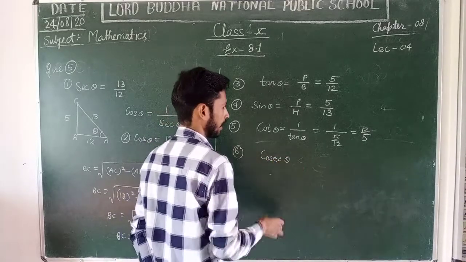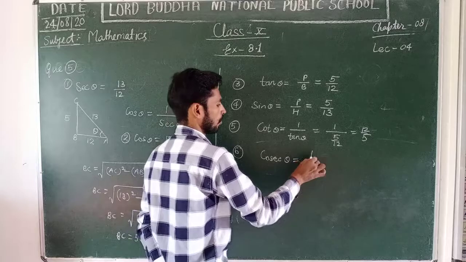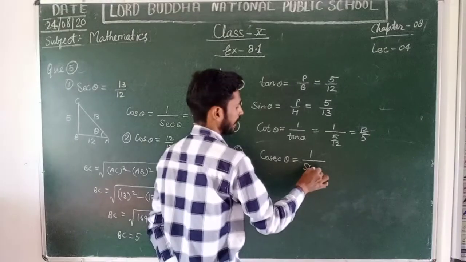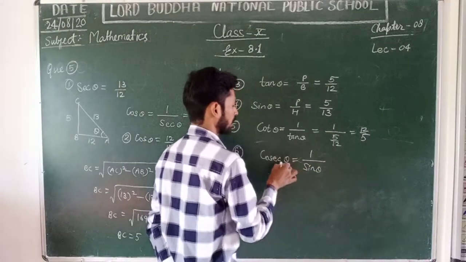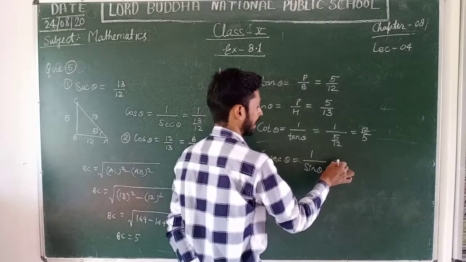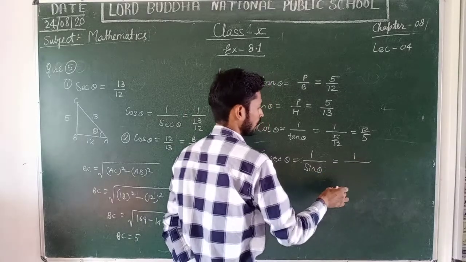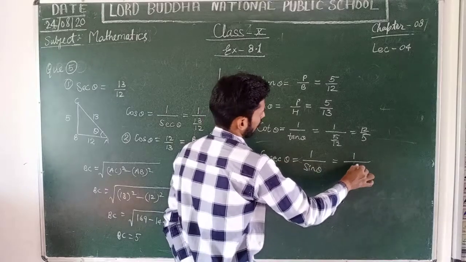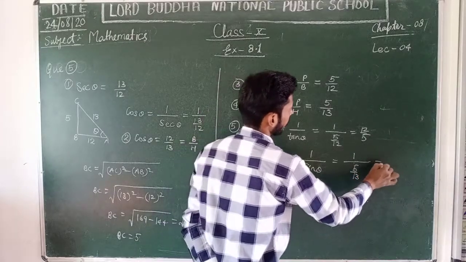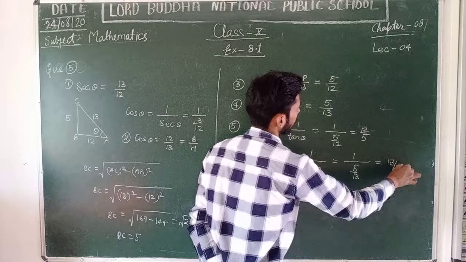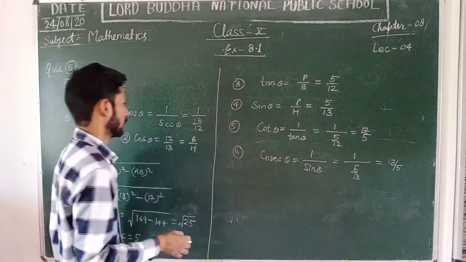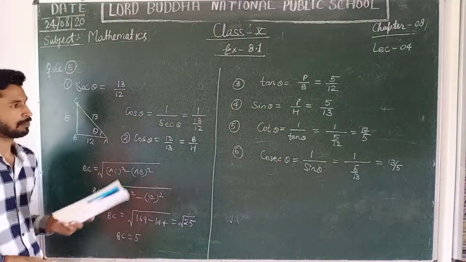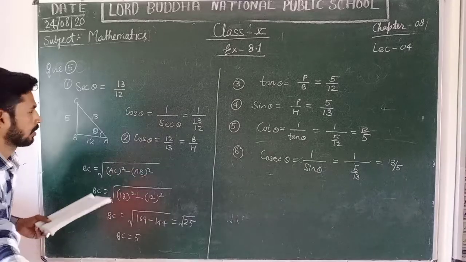Cosec theta equals 1 upon sin theta, because cosec theta is the reciprocal of sin theta. So we can say here 1 upon 5 by 13 equals 13 upon 5. So here is the solution of question number 5.